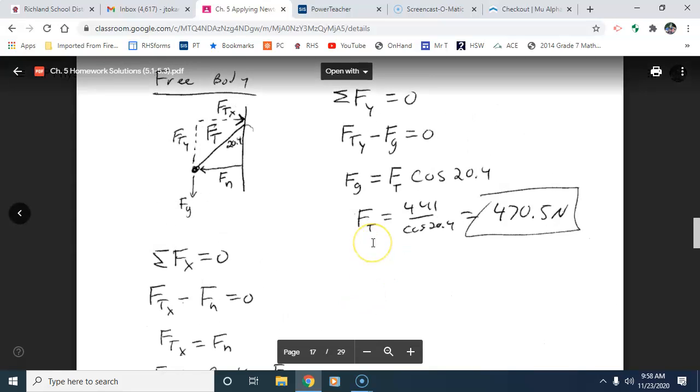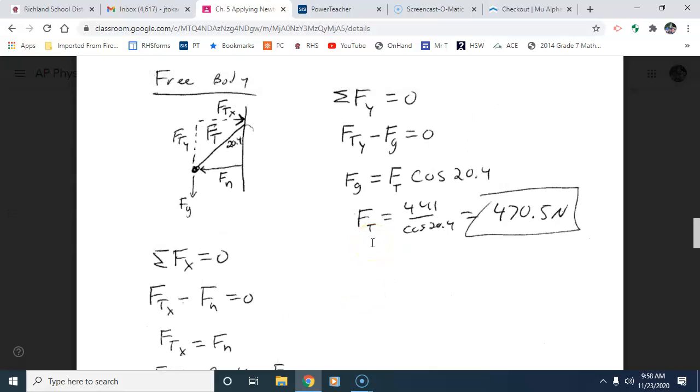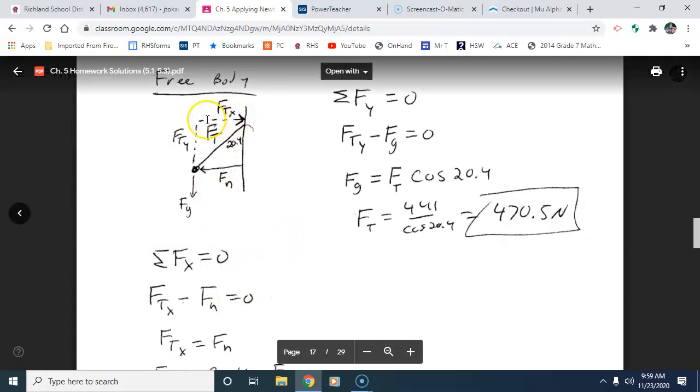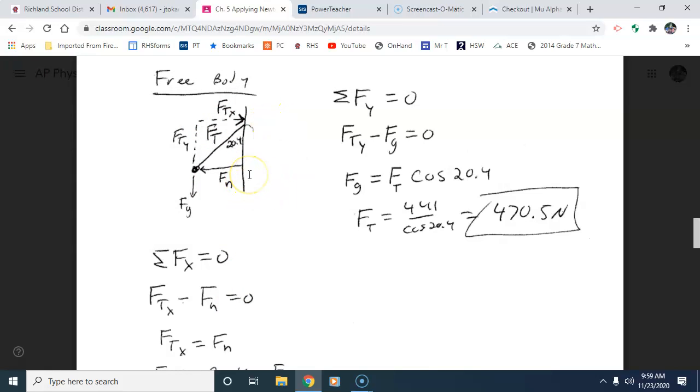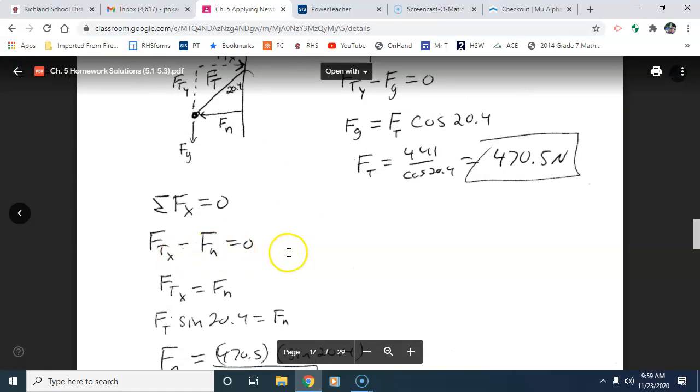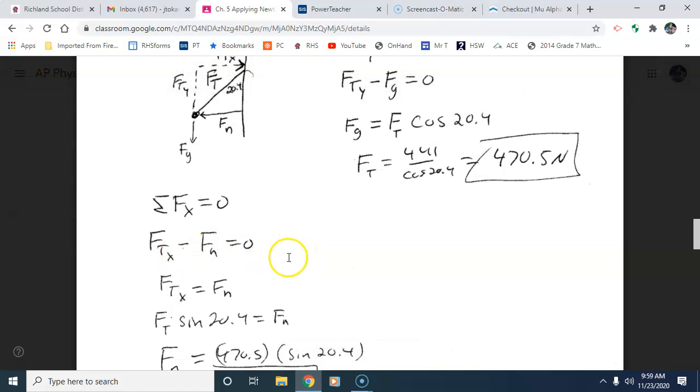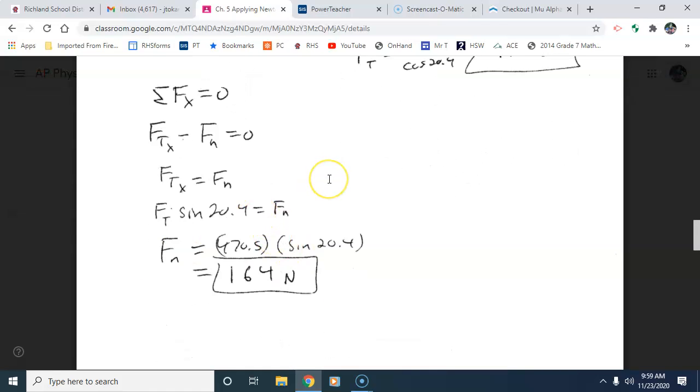So let's do Newton's second law, summing up all the forces on each axis. This thing is in equilibrium, so we can set them equal to 0. So we have on the x-axis the horizontal component of tension pointing to the right, and the normal force pushing back on it to the left. When we subtract those two, since they're the only two, they have to equal 0, therefore those two are balanced.